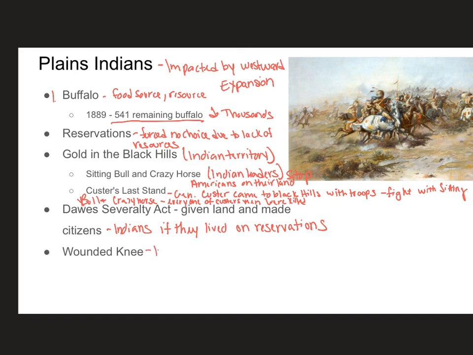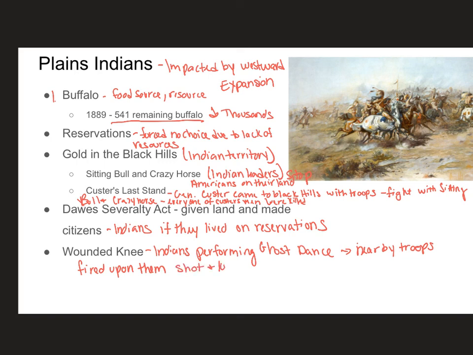Wounded Knee was when there was a group of Indians who were called the Ghost Dancers. And while they were performing the ghost dance, some nearby troops fired upon them and shot and killed 290 men, women, and children.